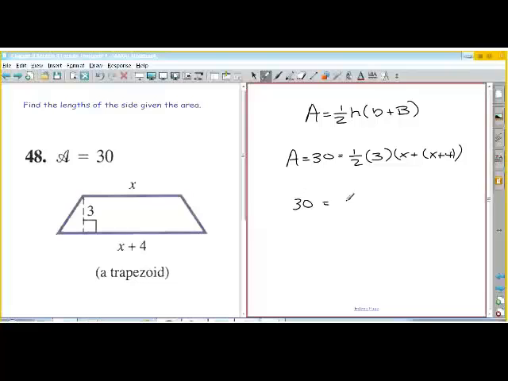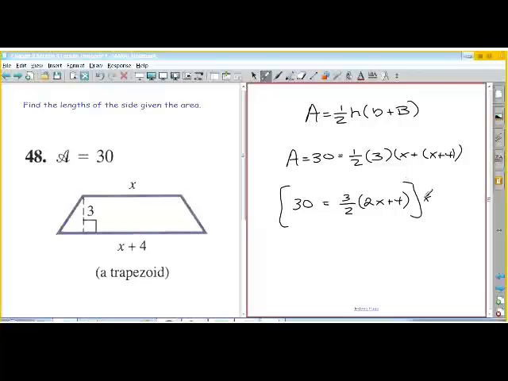So let's see what happens. We'll use what we just learned here now. So we're going to have 1/2 times 3 is 3/2. And combining these two terms, you're going to have 2x plus 4. So what I'm going to do first, actually, I could multiply this by the whole term. I could multiply this by 2 and this by 4, but when you can avoid fractions, it's a good thing.